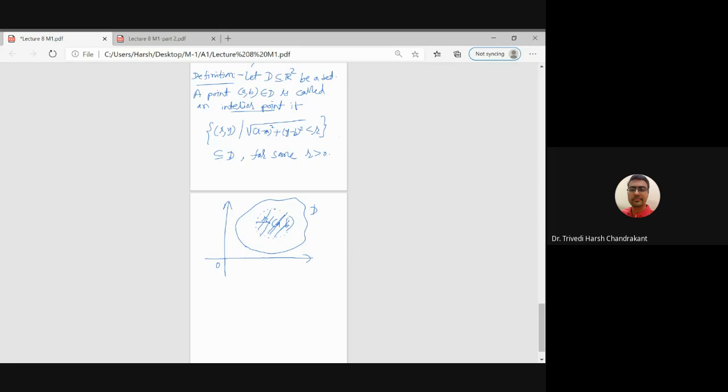Given a subset D of the xy plane, a point inside that set is called an interior point if around that point we can draw a small circle whose inside points belong to D.